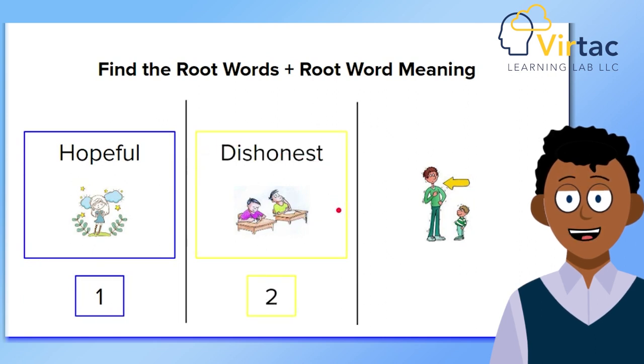Then, underneath of that, write what you think the word dishonest means. Press pause so you can one, write the word dishonest, two, highlight the root word in dishonest, and three, write the meaning for the root word in dishonest. Press play when you're ready to proceed.